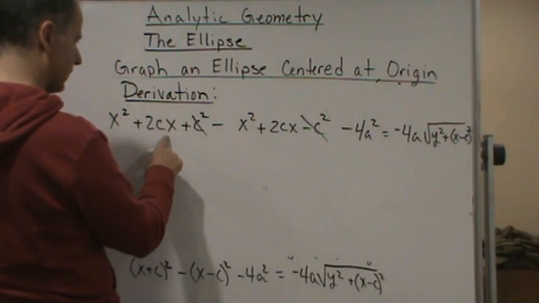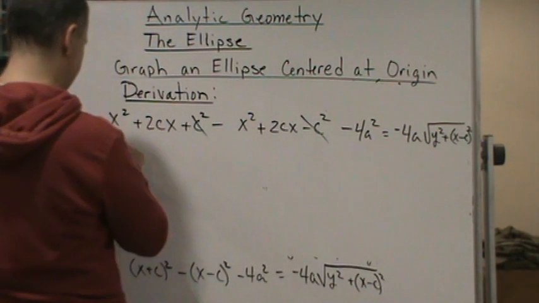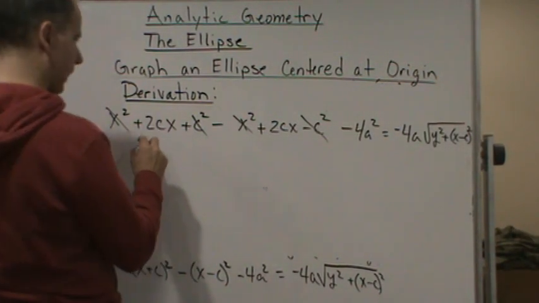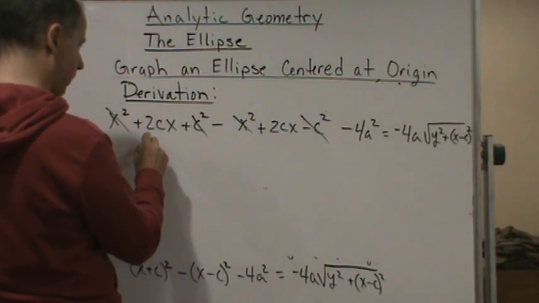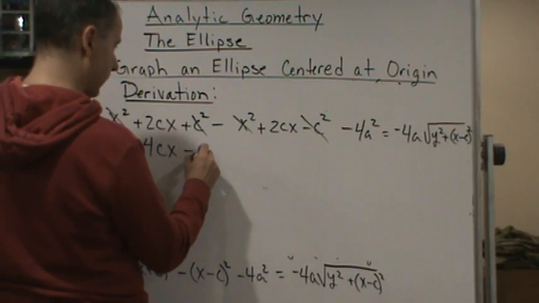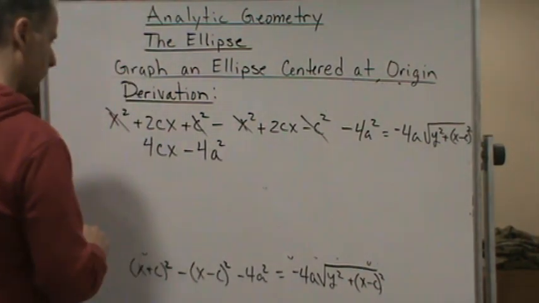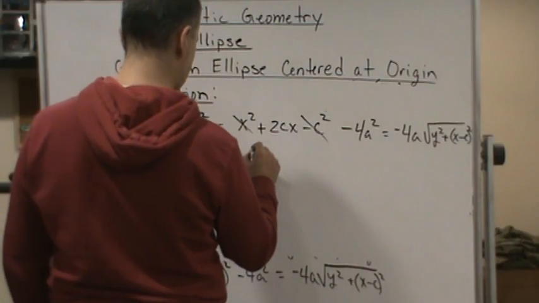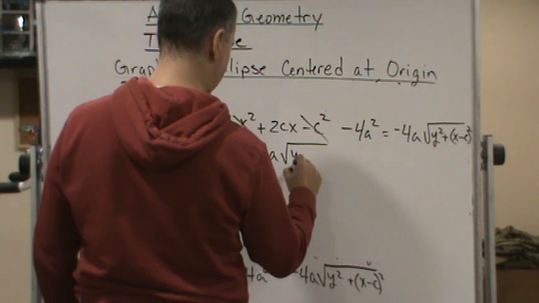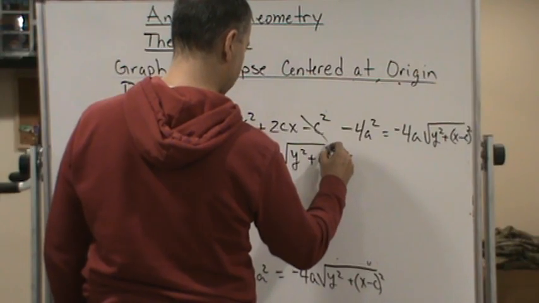We've got a cx here and a cx here, so these are going to combine. So what do we end up with? We end up with 4cx minus 4a squared, which equals negative 4a times the square root of y squared plus x minus c squared.